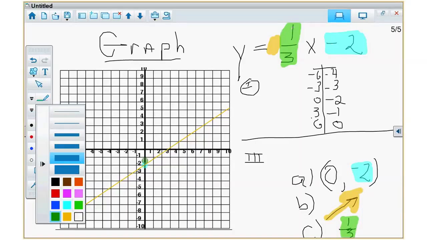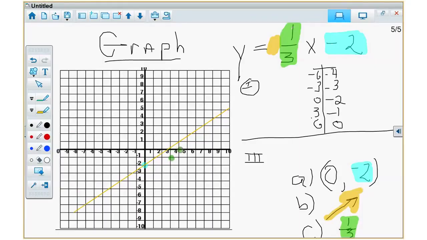And that's going to be 1, 1, 2, 3. Take my hand in a straight line.